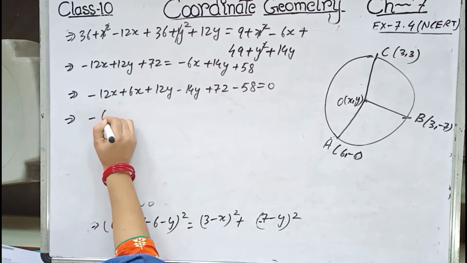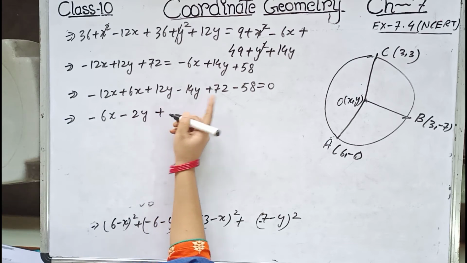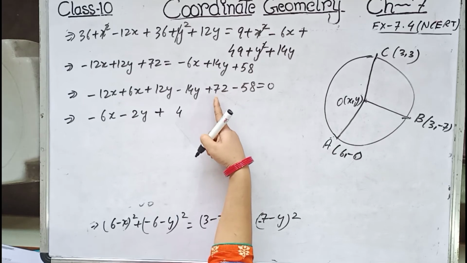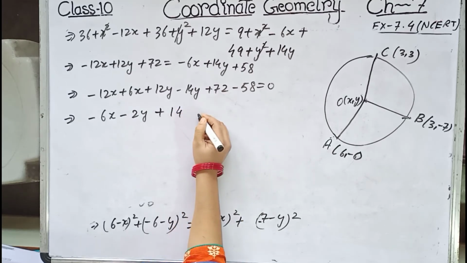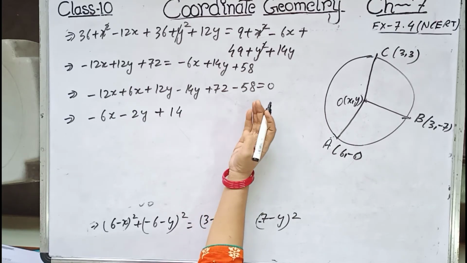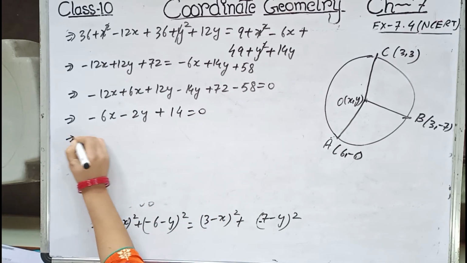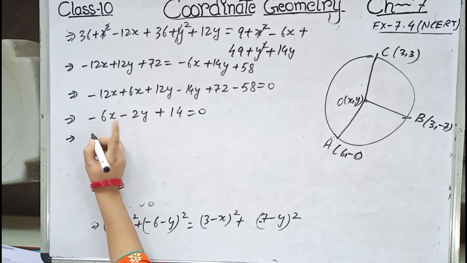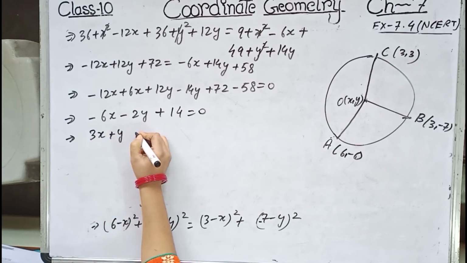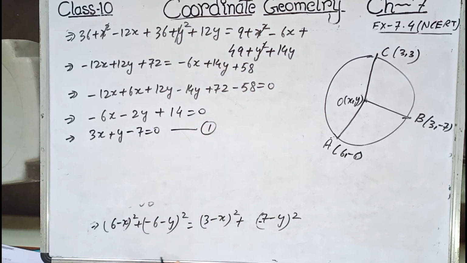This implies minus 6x minus 2y plus 14, and over here 6 minus 5 is 1. Am I correct? 8, 12 and 6 minus 5, it's correct. So let us divide by minus 2, so 3x plus y minus 7 equals 0. Let us make it equation number 1.